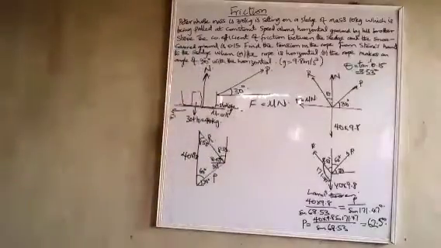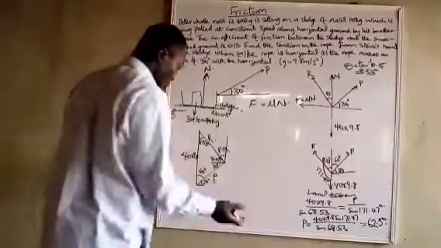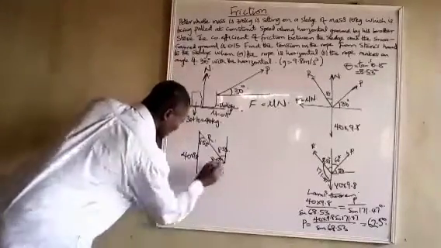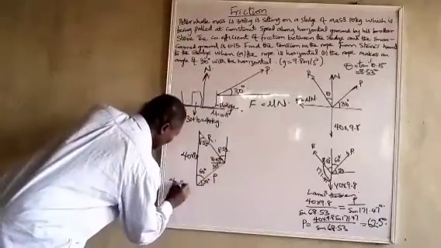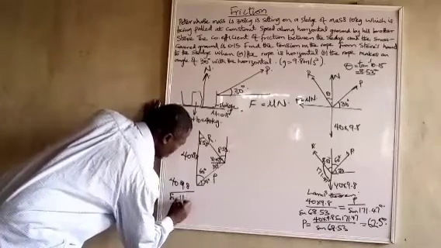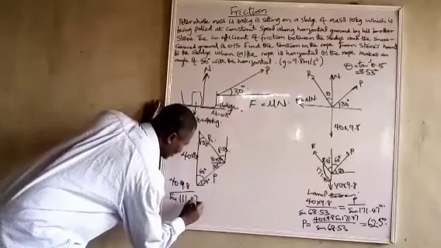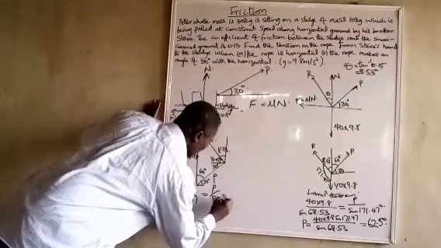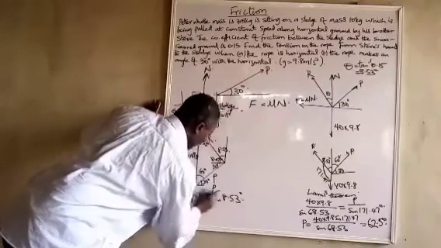Now, since I have this, I will just use my normal sine rule, because that's where Lami's theorem is even derived from. So I can say 40 times 9.8 over sine 111.47 is equal to P over sine 8.53 degrees.